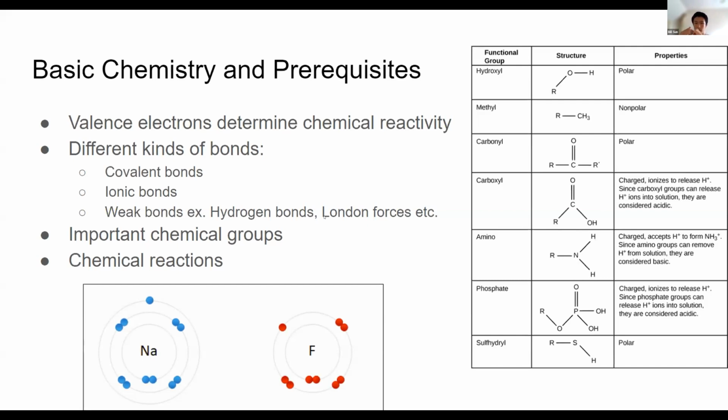London forces are a different kind of bond. They're also known as van der Waals forces, and they're basically a kind of force that happens between any kind of atom, and they occur due to how an atom's layout is. I'm not sure if you guys have learned this in your science classes in school, but atoms are composed of protons and neutrons, as well as electrons.